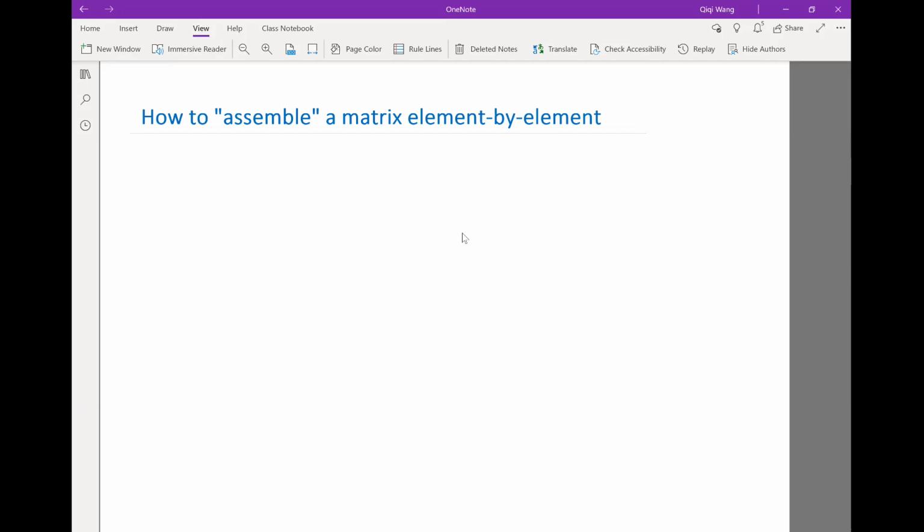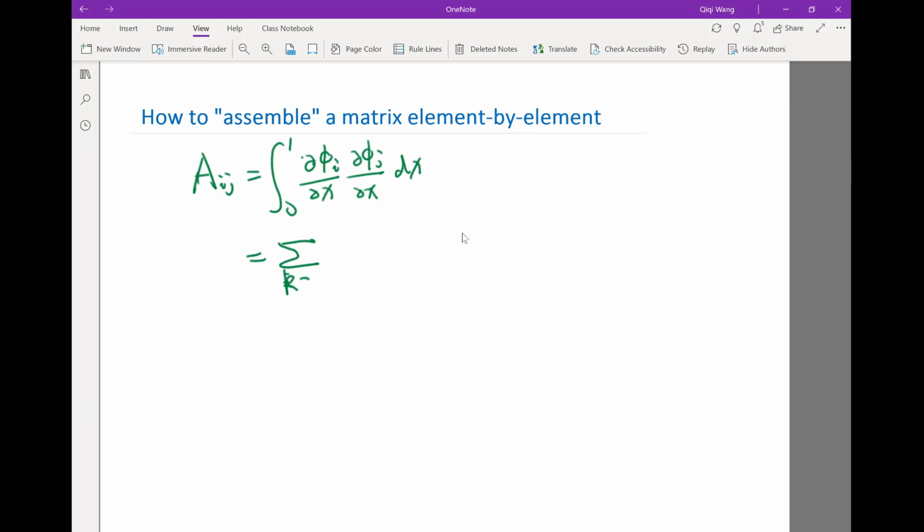The idea is that our matrix Aij is the integral from 0 to 1 over the whole domain of the product of 2 derivatives. All right. And this integral can always be decomposed into a summation.